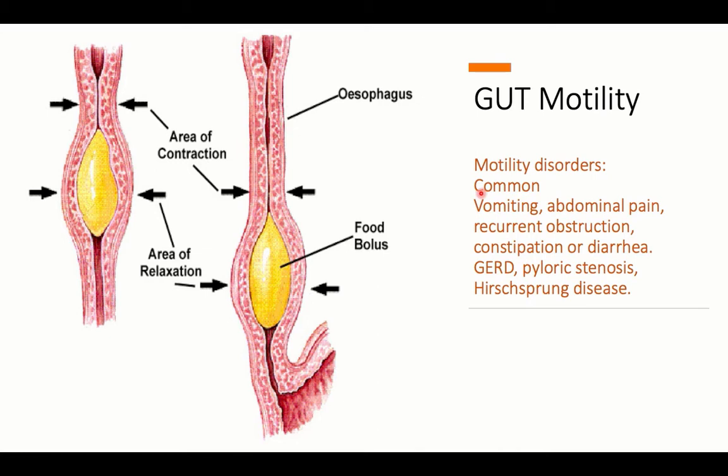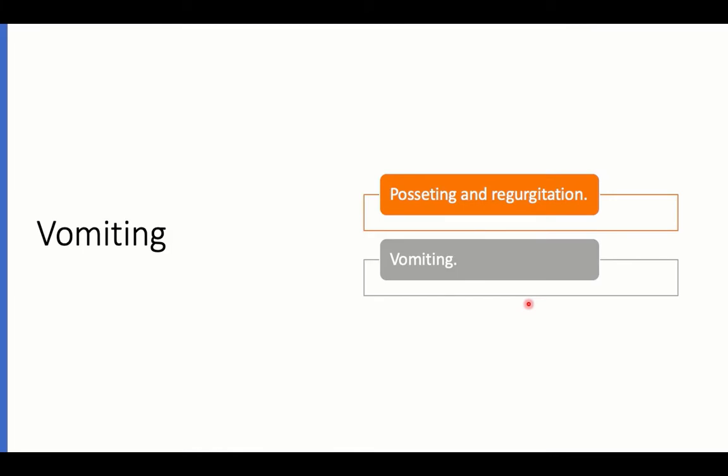Motility disorders or gut dysmotility are quite common, associated with vomiting, abdominal pain, recurrent obstruction, constipation, or diarrhea. For example, we have GERD, gastroesophageal reflux disease, pyloric stenosis, and Hirschsprung disease. These are all motility disorders of the gut.